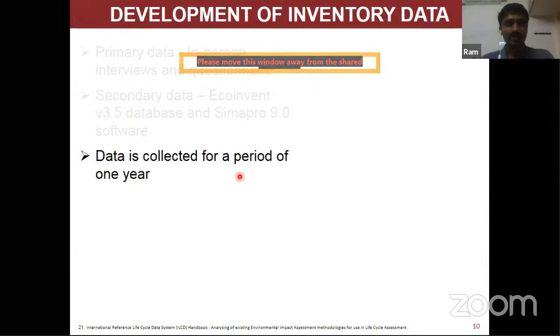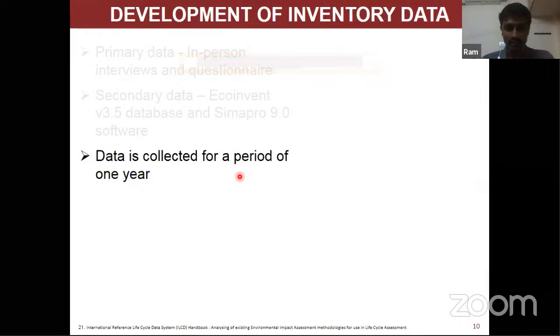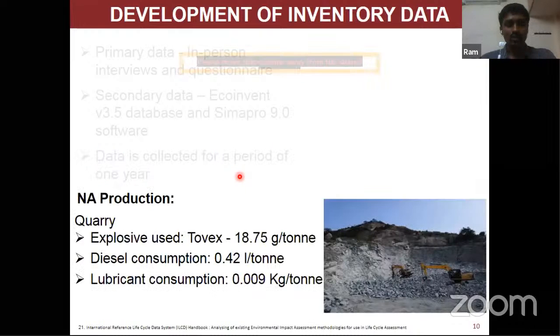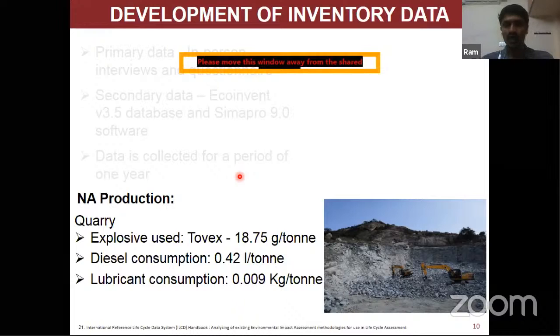The data is collected for a period of 1 year in each of those facilities, that is, natural aggregate facilities, recycled aggregate facilities, and the landfills. The data we have collected from each of these facilities is the kind of resources consumed in each of them. For example, in the quarry, we have collected all the resources consumed and quantified them.